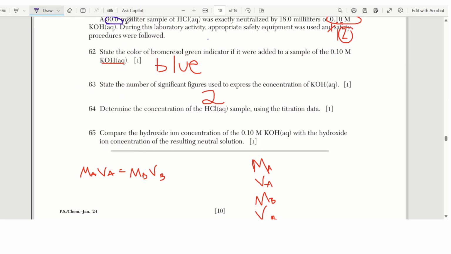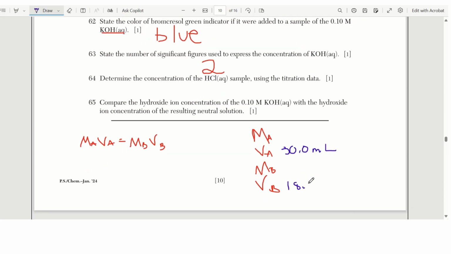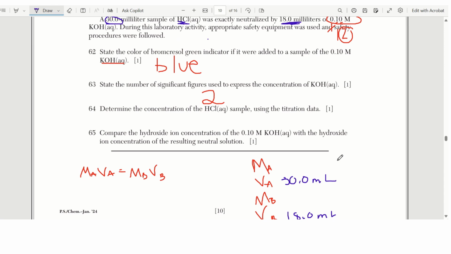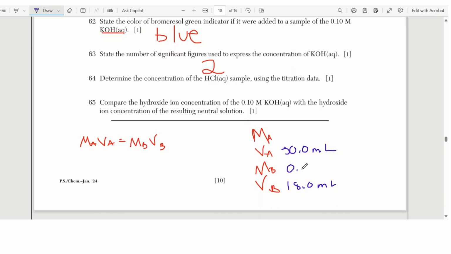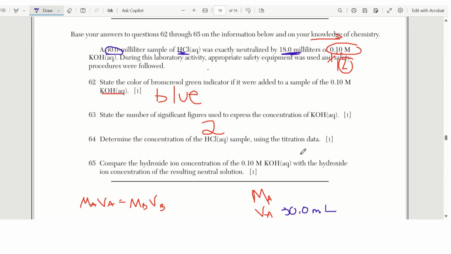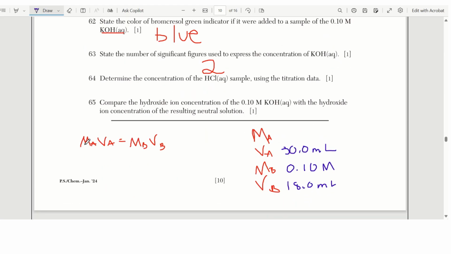A 30 milliliter sample of this, well, that's the acid, and that's a volume. So that's 30.0 milliliters. 18 milliliters of, so 18.0 milliliters of 0.10 molar KOH. So let's look. HCl has how many H's? 1. Love it. KOH has how many OH's? 1. Love this. Okay. So Ma is my X, right?